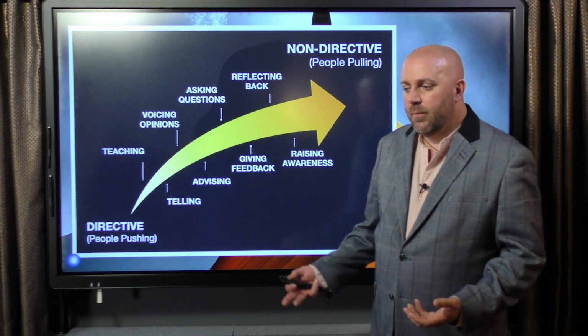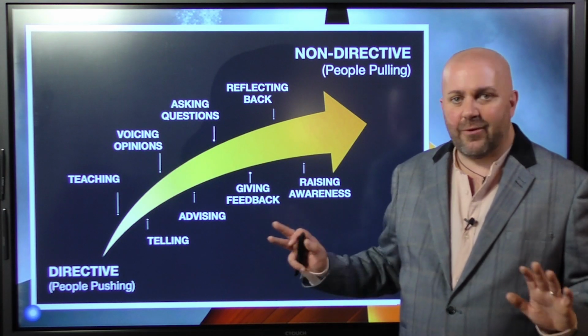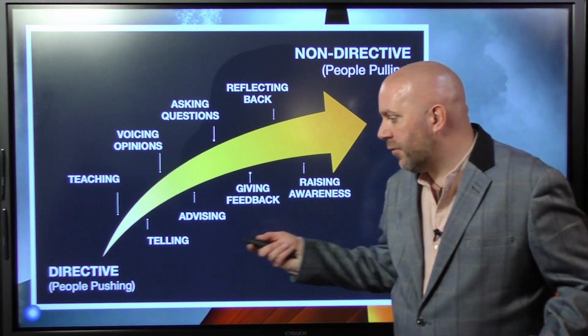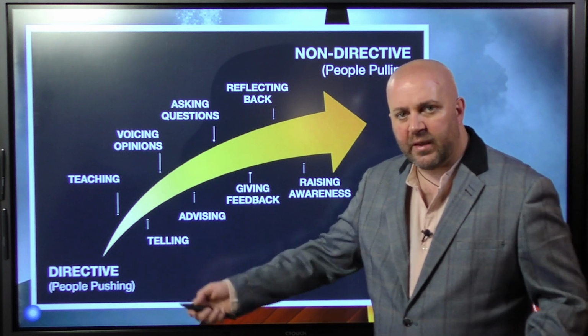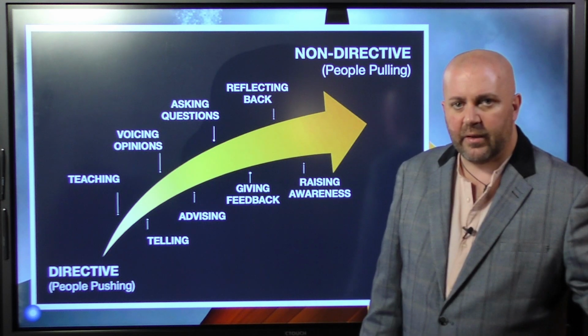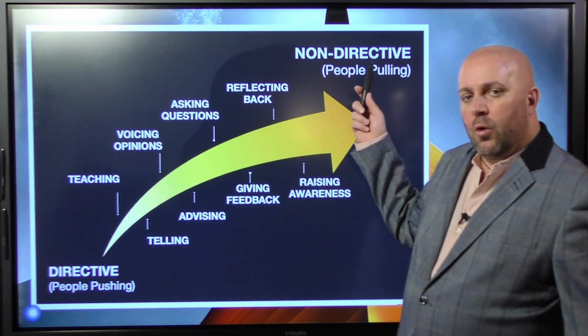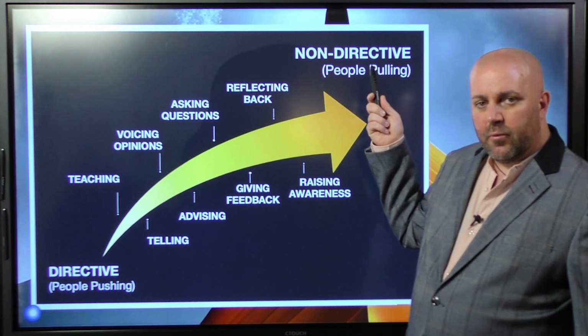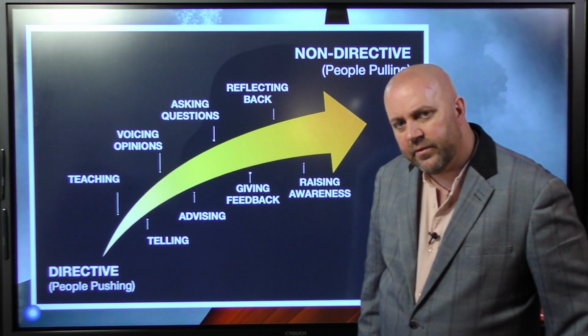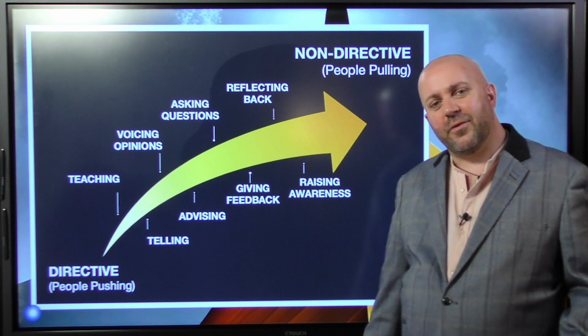Take, for example, parenting, a great example. How many parents do you know that take a directive approach to raising their kids? Do this, do that, don't do this, don't do that. What would a non-directive approach to parenting look like? Did you do that? Why did you do that?